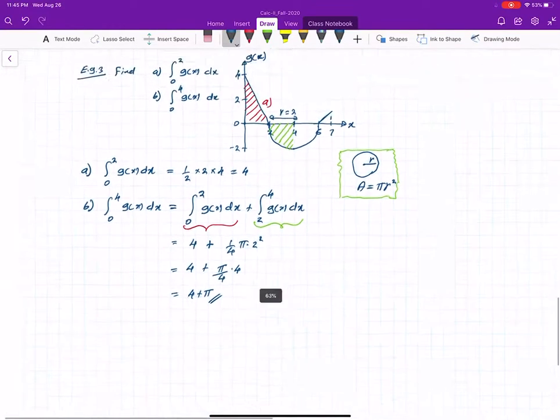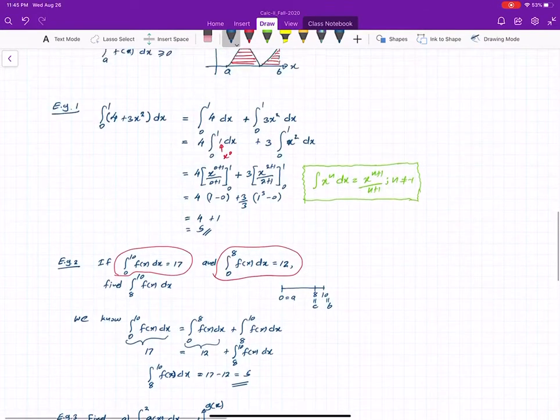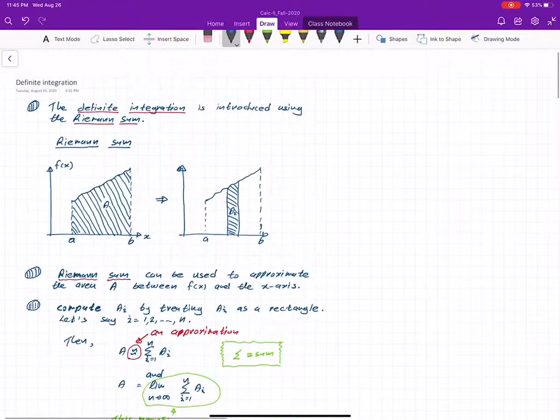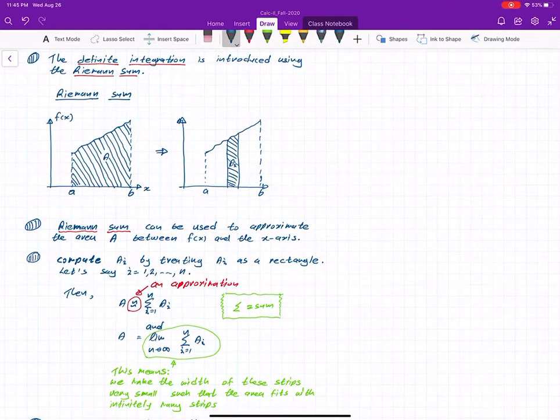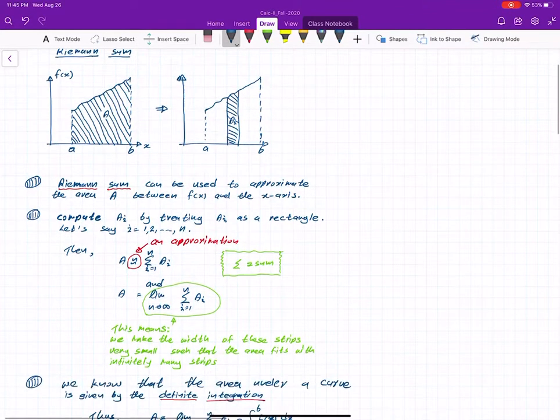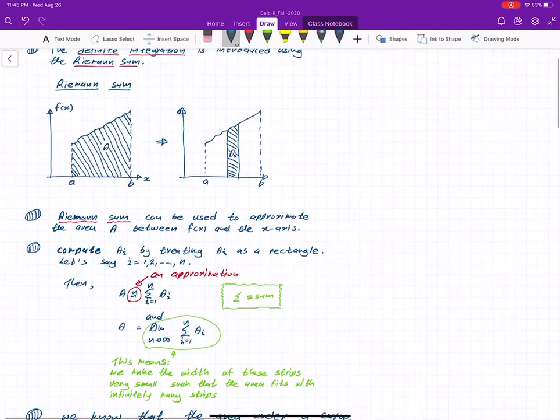All right. So in today's class, at the beginning, I introduced definite integration. For that, I used the Riemann sum, which is a very useful concept. And then I explained that you can compute the area by making stripes and then summing up those stripes, treating each stripe as a rectangle.